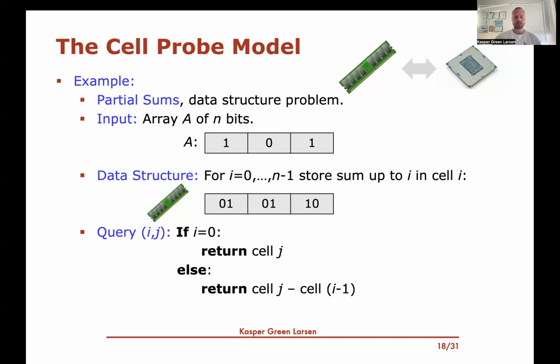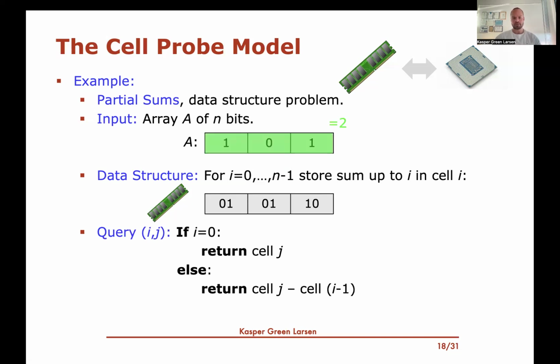One way to do it is to say, well, if I have to sum from 0 up to j, I just return whatever is in cell number j, because what is in cell number j is storing the sum of everything from entry 0 up to entry j. Otherwise, I return whatever is in cell j, so that's the sum of everything up to cell j, minus the sum of everything up to cell i minus 1, so I subtract off everything that's coming before.